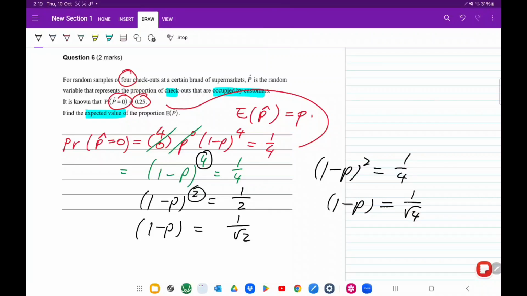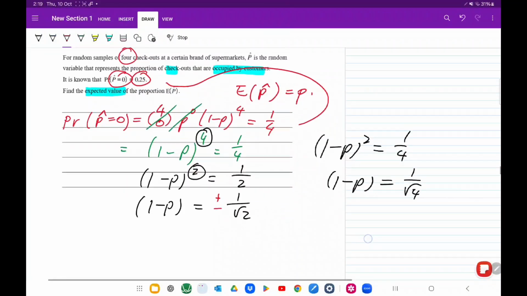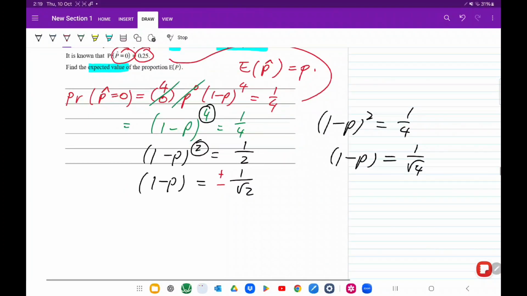Now be very careful with this one, because we're not finished with this question. And also, whenever you take the square roots, you have to remember you've got a positive and a negative component. And we've got to solve for P. So P is equal to plus or minus 1 over root 2, minus 1.